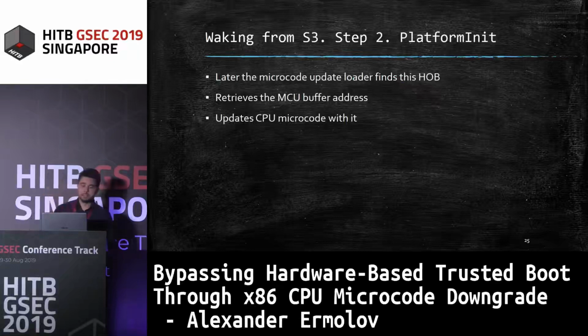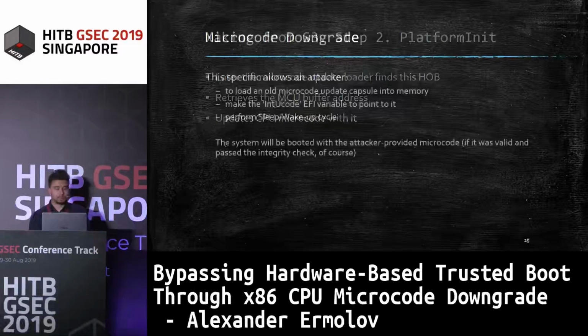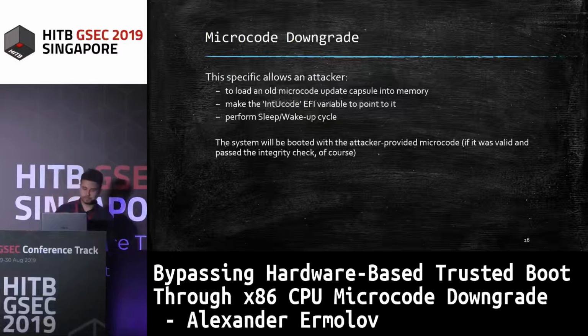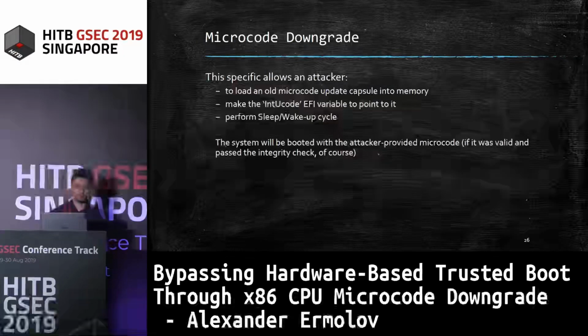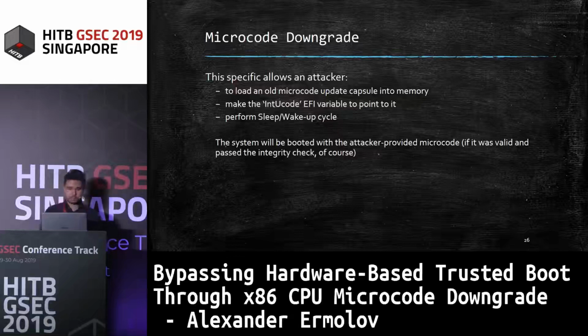It loads the provided microcode update, and that's all. This specific behavior allows an attacker to do some actions.